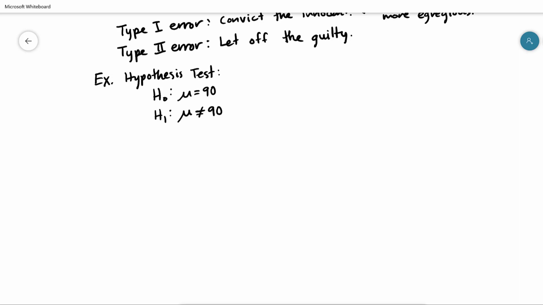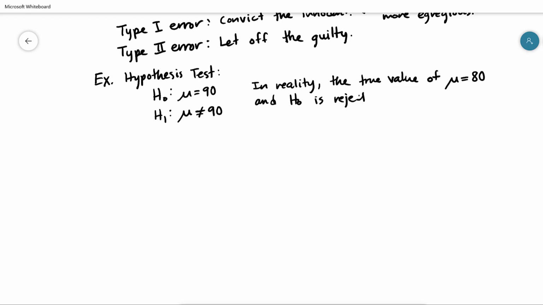And the reality of the situation is, in reality, the true value of mu is 80, and we reject h naught. So at the end of the day, h naught gets rejected.